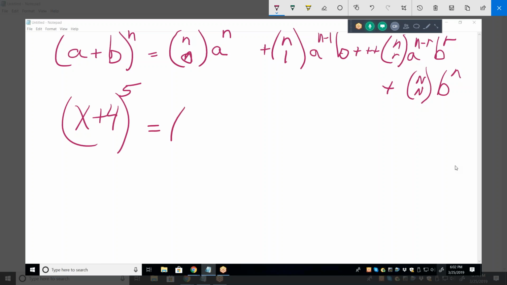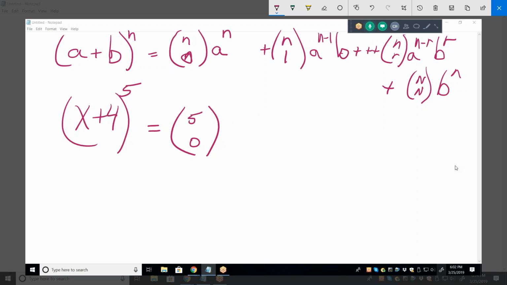Cool. So what's the first term? In other words, that's why I wrote it across the top, because I knew we were going to have to plug into it at some point. So what's n? N is 5. Okay. What's next? You tell me.